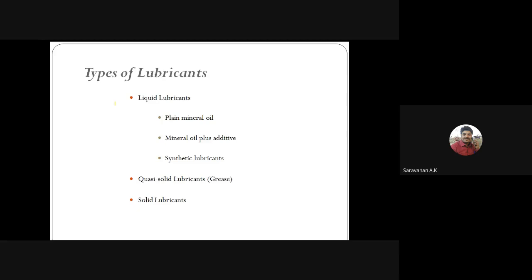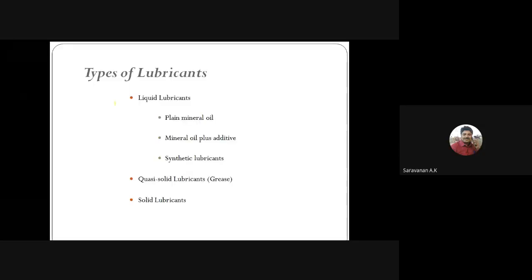Liquids are generally preferred because they are drawn between the moving parts by hydraulic action, and apart from keeping the parts separated, they also act as heat carriers. In this chart, for the given application requirements, this is the primary consideration of the liquid lubricants, right?